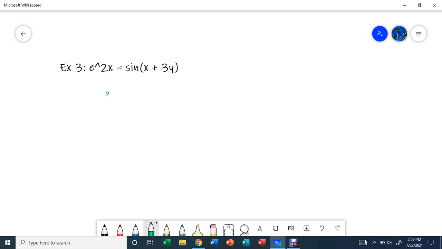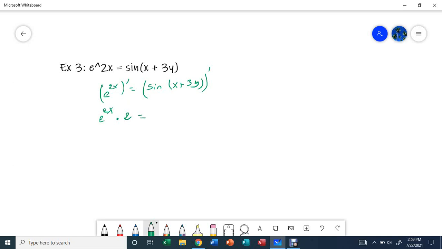So e power 2x prime equals sine of x plus 3y, the whole thing prime. Here, using the chain rule, it's going to be e to the 2x times the derivative of 2x, which is 2.